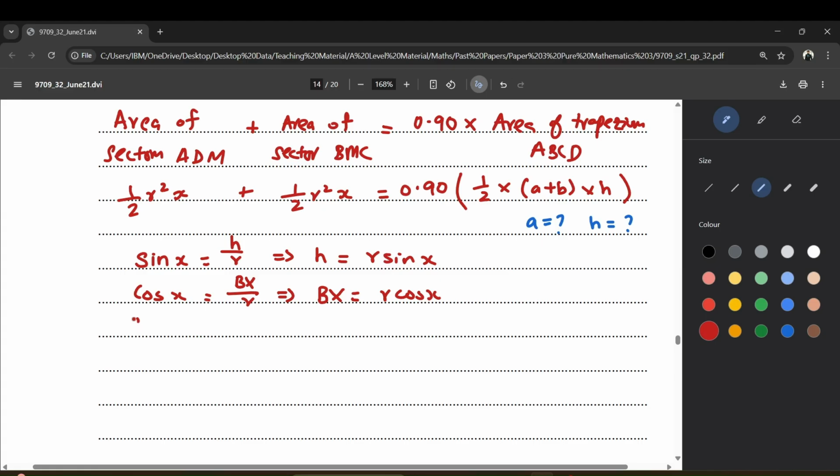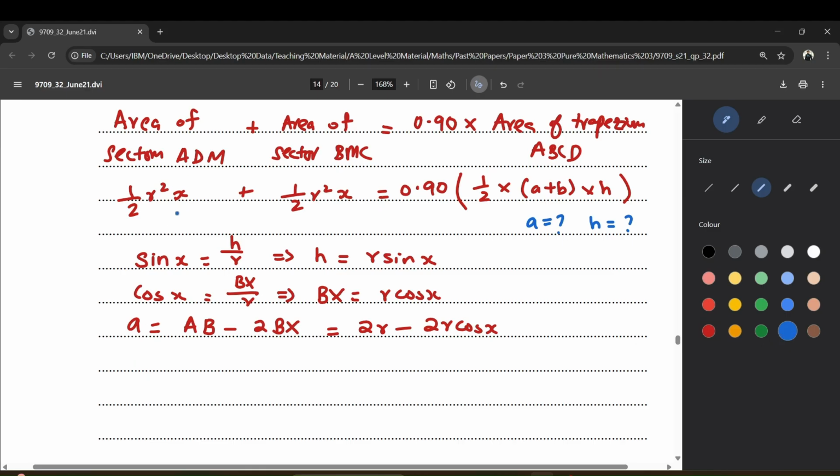So the equation that I just mentioned, ab minus 2 times bx, will be 2r minus 2r cos x. So that is a. So we have found a in terms of r and x, and we have found h in terms of r and x. So now we can substitute these back into this equation that we worked out in the first place.